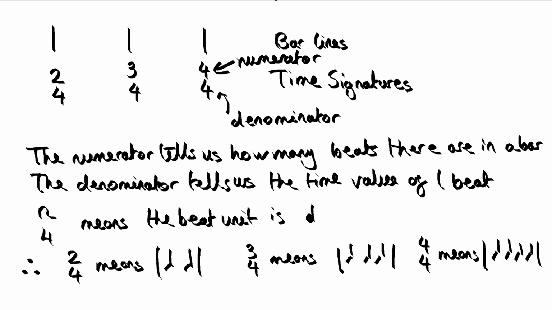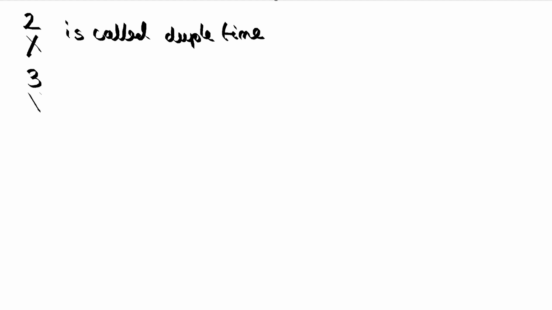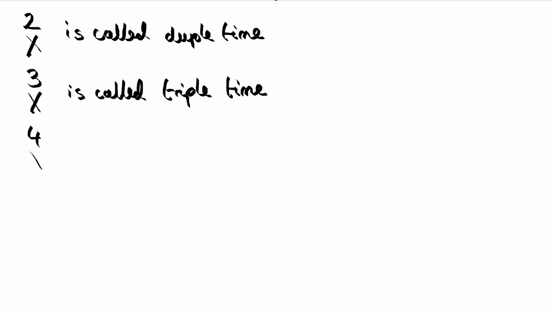Now, there are some fancy words that go with that. 2 with some lower value is called duple time. 3 with some denominator is called triple time. And 4 with some denominator is called quadruple time.